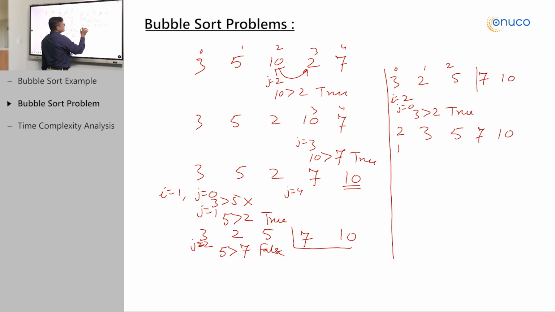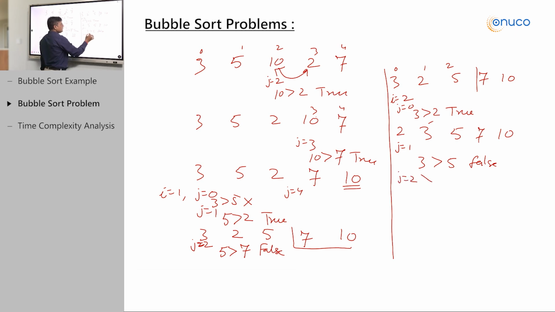Now J increases, J becomes 1 at this position. So now we are going to compare A of J, which is 3, and A of J plus 1, 1 plus 1, 2. Is 3 greater than 5? No, false. So no need of swapping. Right? Next, what will happen?